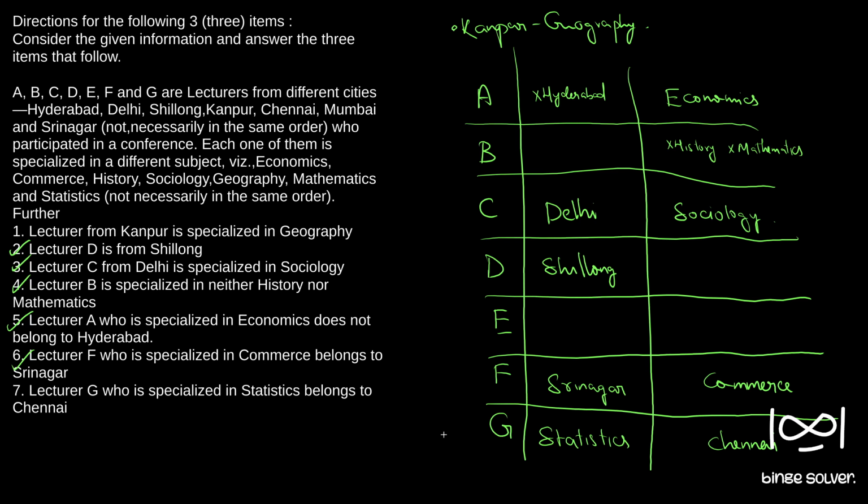So if you see all the options, history and mathematics, B cannot have history and mathematics. So the only other option left is geography. So we will fill geography here.